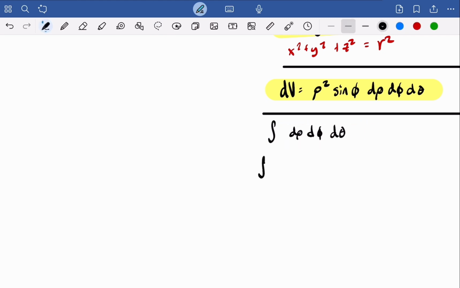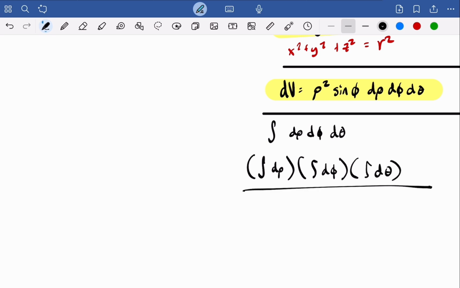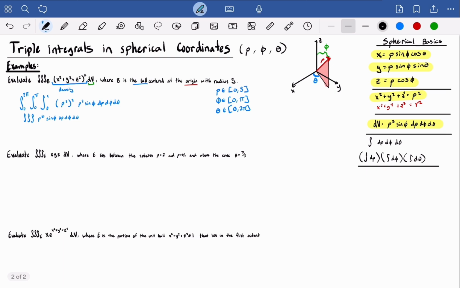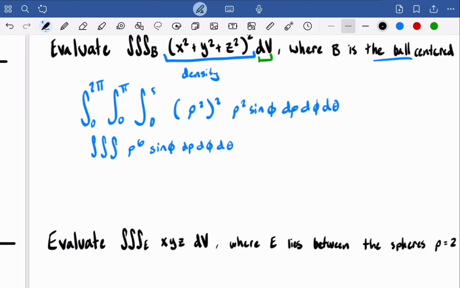You can split it up in a way that you were unable to do before, and then multiply the results of each one. If there were some phis or some rhos here, you would just subdivide them into each separate integral. It's a way that you could never divide them before, and it makes evaluating this very easy.